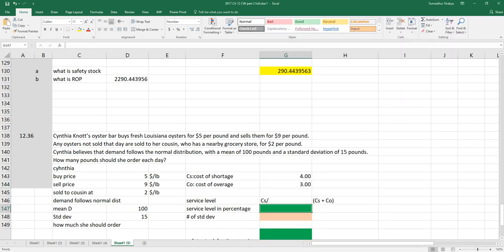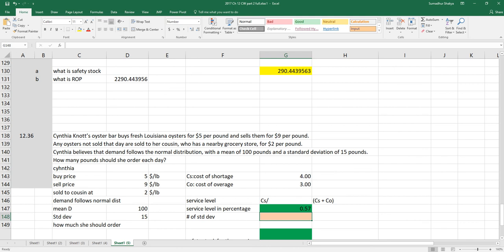Let's come back here. So the cost of shortage is given to us. We calculated this: cost of shortage divided by cost of shortage plus overage. So that comes out to a customer service level of 57%.